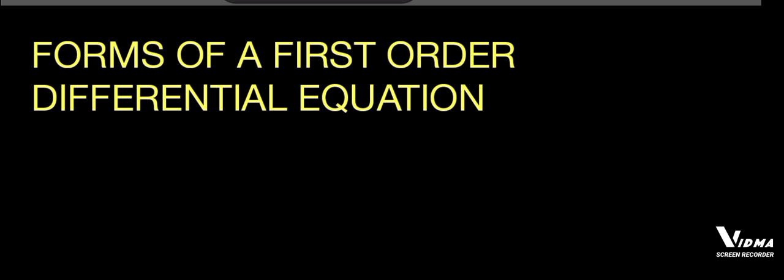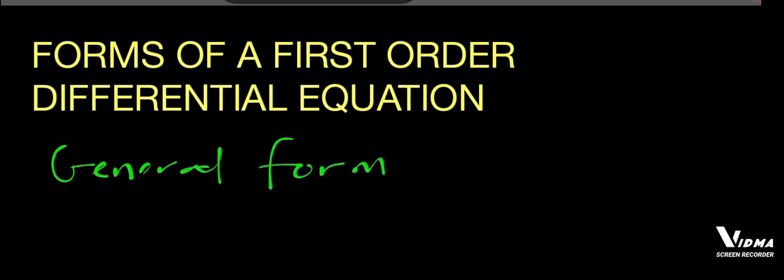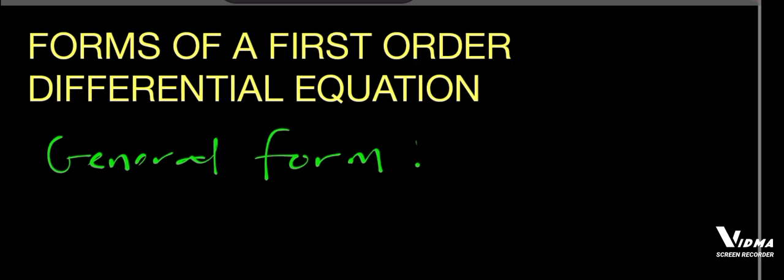In today's lesson, we are going to look at the forms of a first order differential equation. So the first form we are going to look at is what we call the general form. And I'm just going to write the notation for it.